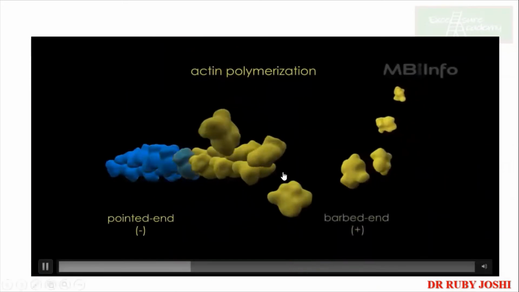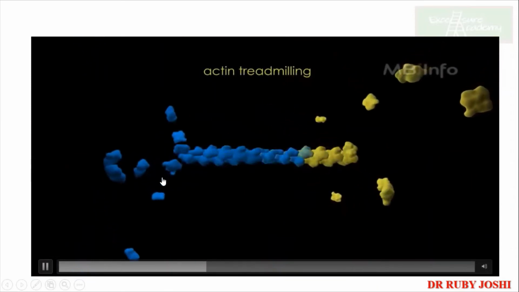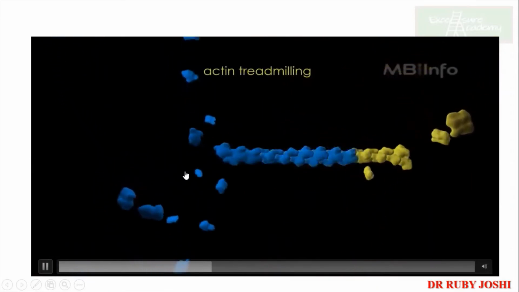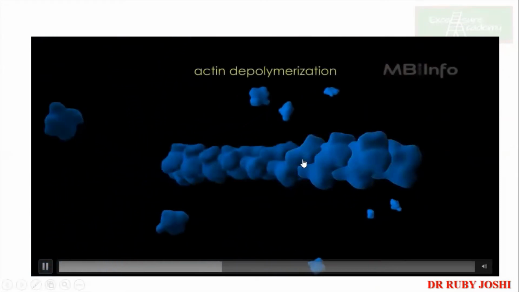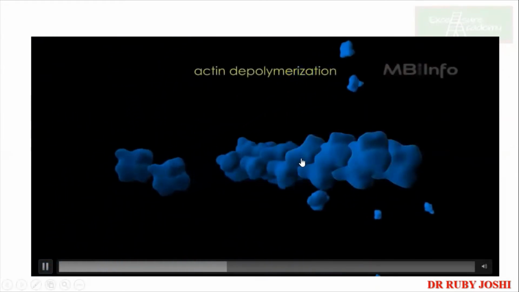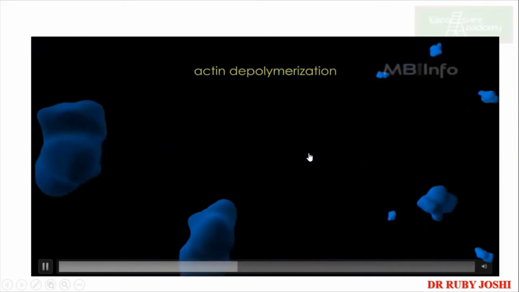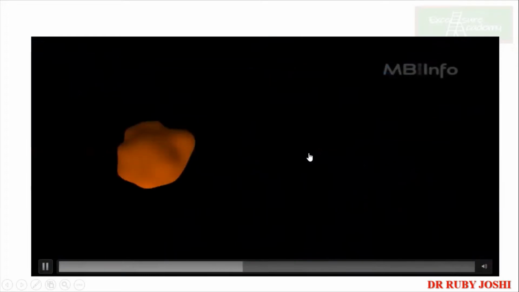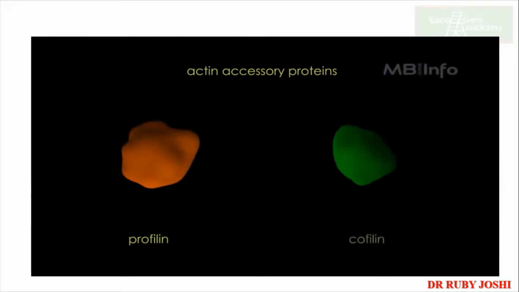So this becomes your negative and the other one becomes your positive end. So it keeps on adding here and it keeps on getting depolymerized from here. So this results in the actin treadmilling. Now these are the actin accessory proteins, profilin and cofilin.